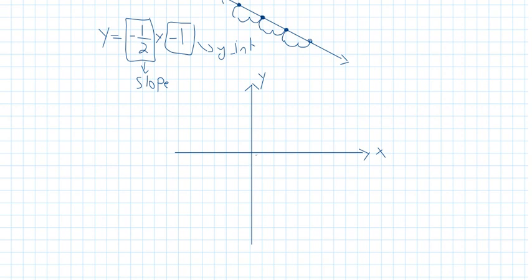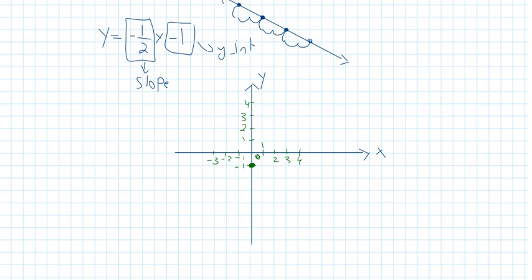The -1 is going to be right here. Because this is what the y is: this is 0, this is 1, 2, 3, 4. And then if you take the x, this is going to be 1, 2, 3, 4, so on. And this is going to be the negative. Okay? So if I'm looking at the y-intercept of being -1, it's going to be right here. So that is your first point. This is where you're starting from.